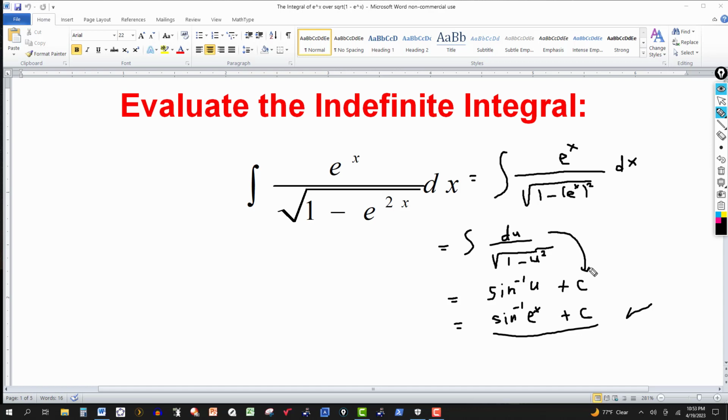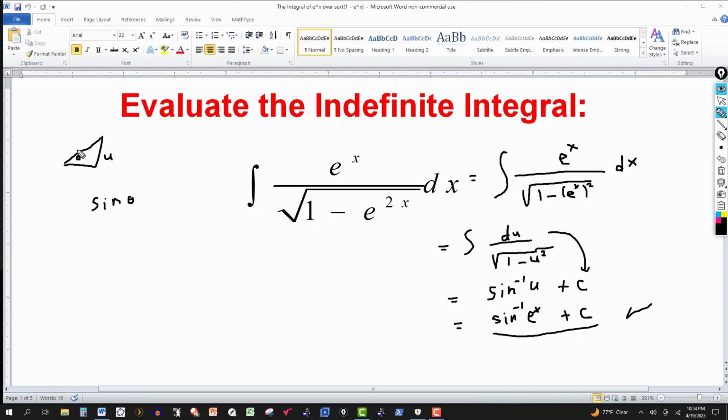And I'm going to use a trig substitution here, and I'm going to say let u equal sine theta, and I'm going to have my triangle here, a right triangle, and this will be theta, then this will be u.